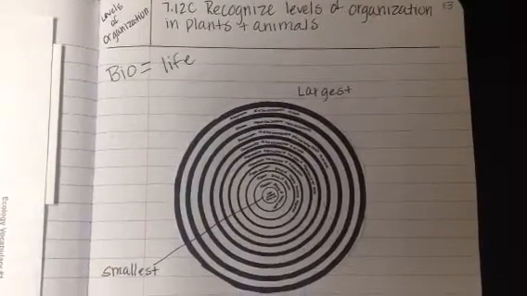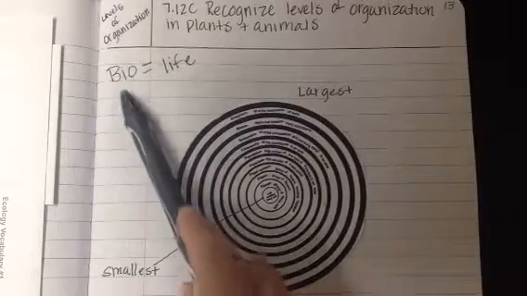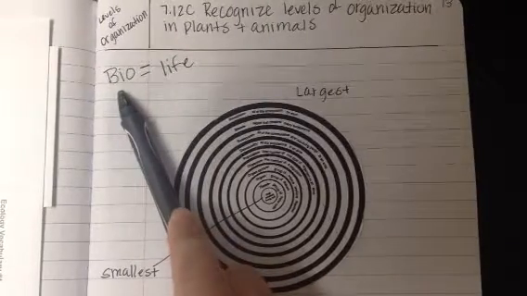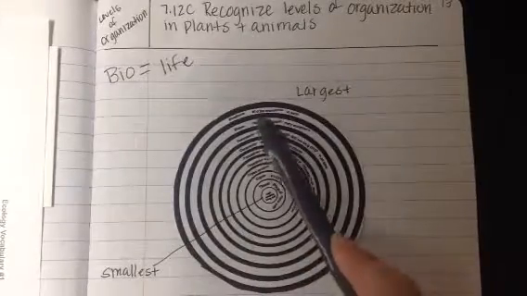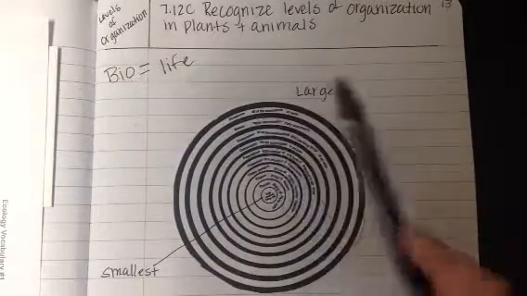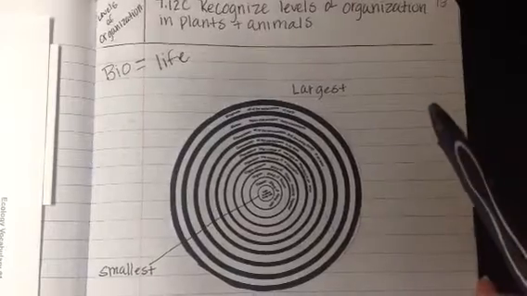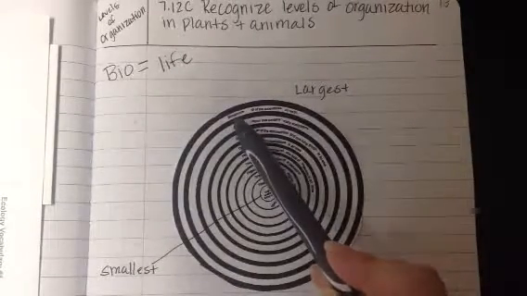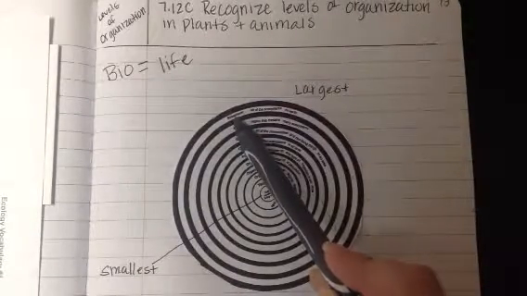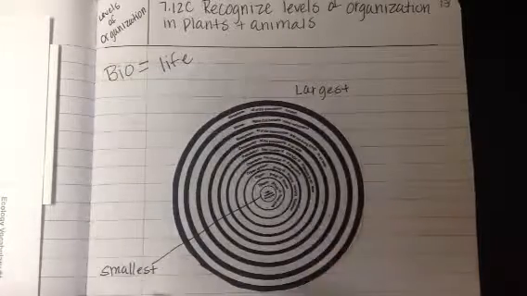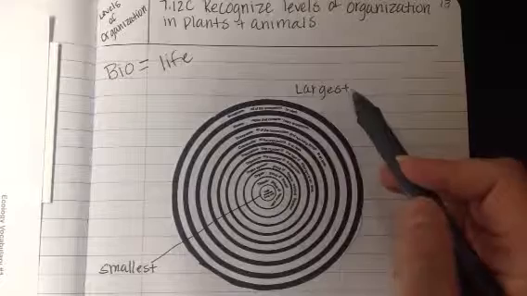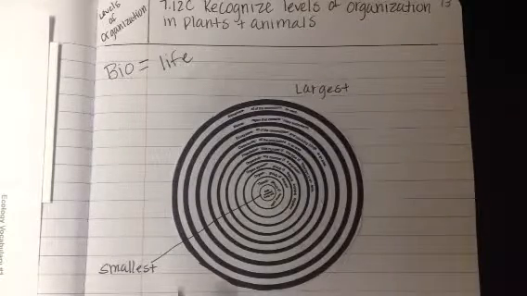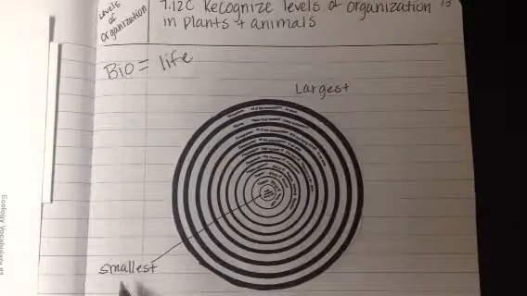Okay, so the first thing I added to mine was bio. Bio is a prefix that we use for life. So if you look at biosphere, biome, biology, it's the study of life, or it's some type of life. Biosphere would be life sphere. So that would be the Earth, and that is the largest, and the smallest is a cell.